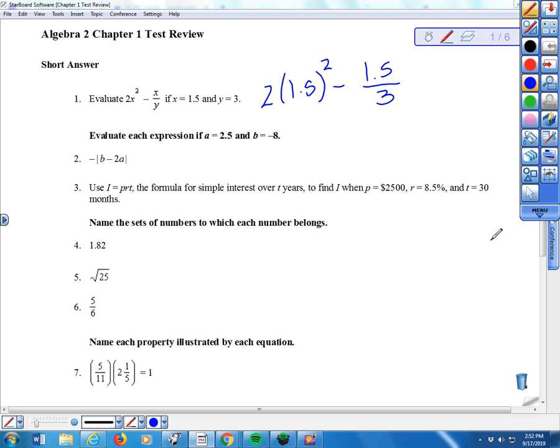Let's see if it works. Is 4? Okay, it's 4.